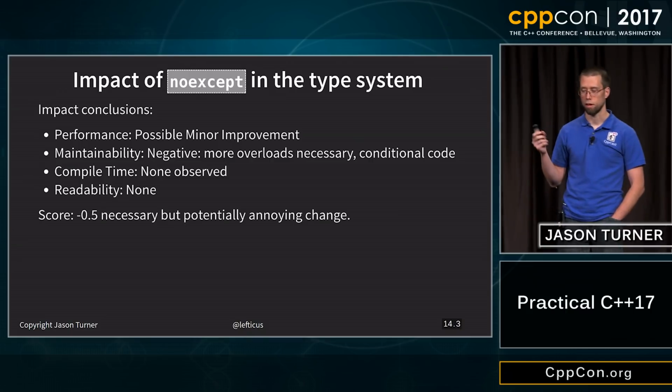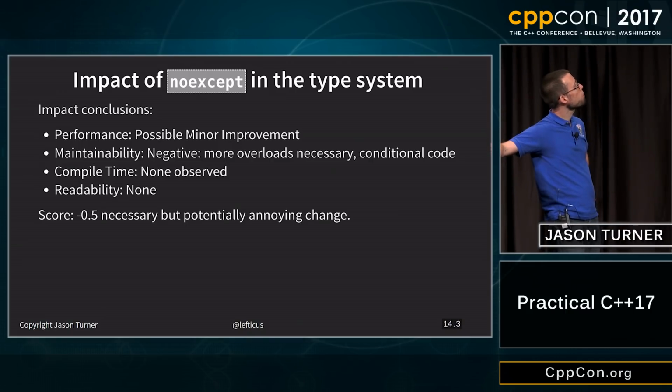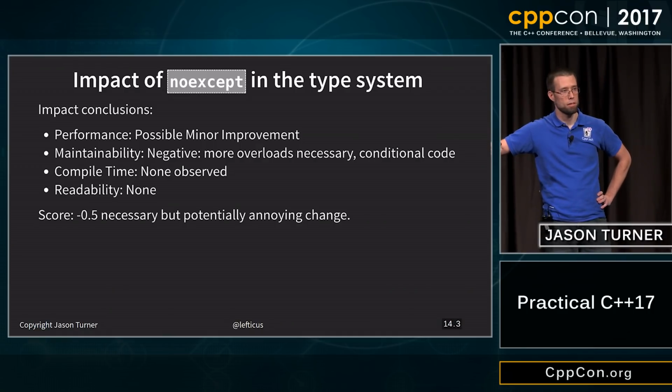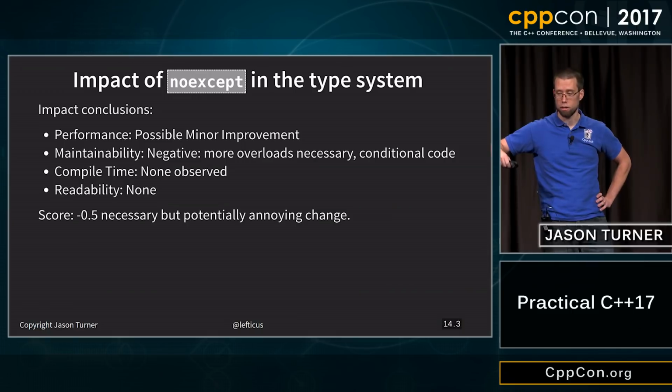I got a minor performance improvement, and I considered maintainability a negative because you now have to deal with extra overloads. No compile time change, and no real readability change to the code, in my opinion, because it was already a whole mess of overloads anyhow.